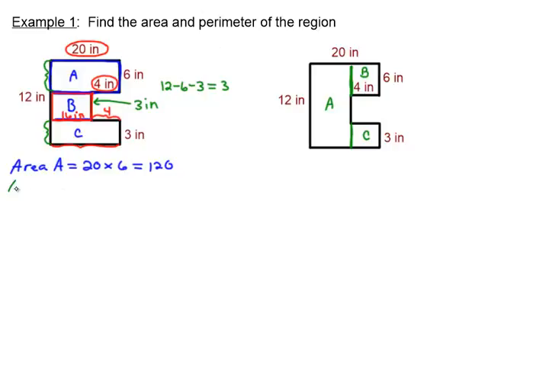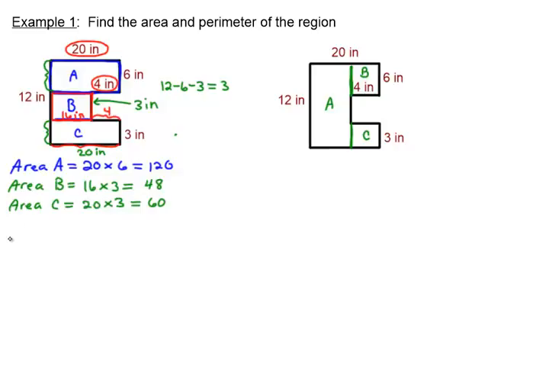So the area of B is equal to 16 times 3, which is equal to 48. Alright, now we just have to find the area of C. The length is 20 inches, so 20 times 3, and that's 60 square inches.